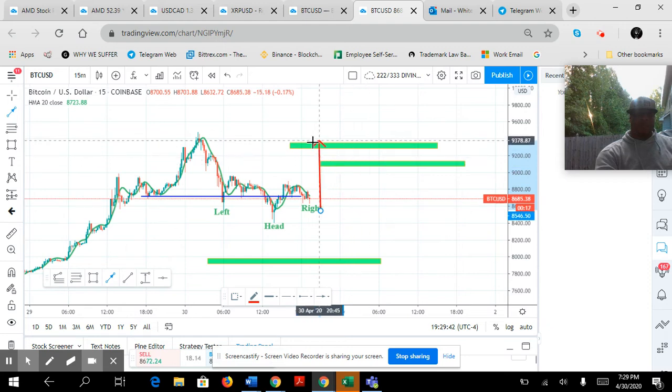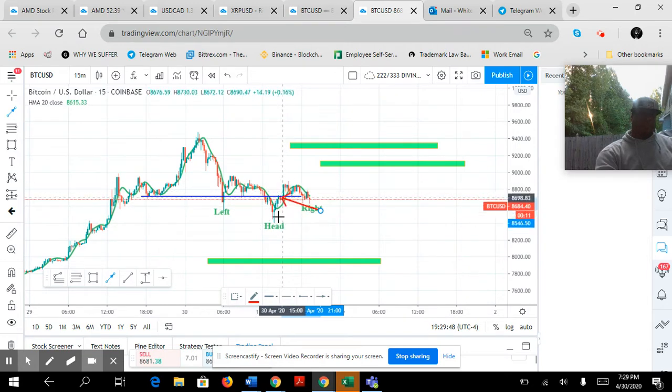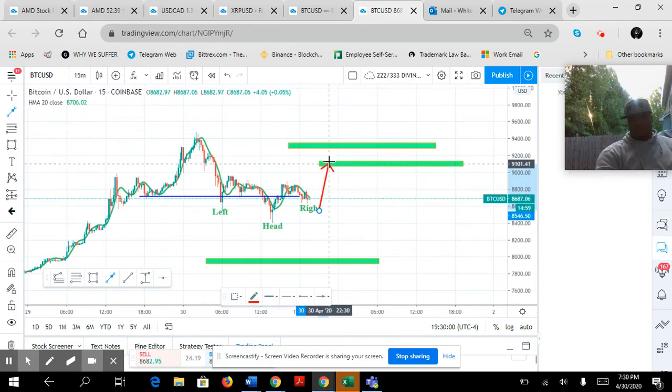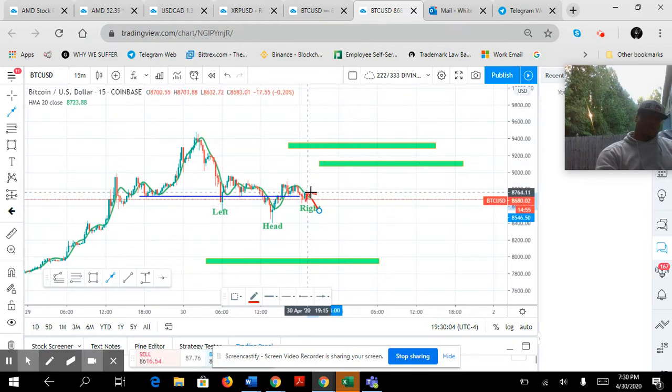If it breaks this area, then it's going to hit this area. It's all done because of this. Even this, if it hits that, it's because of this. An inverse suggests a bullish pattern. So that's one thing we need to keep an eye on.